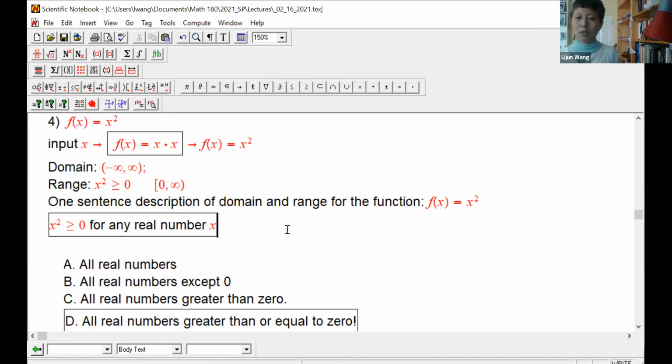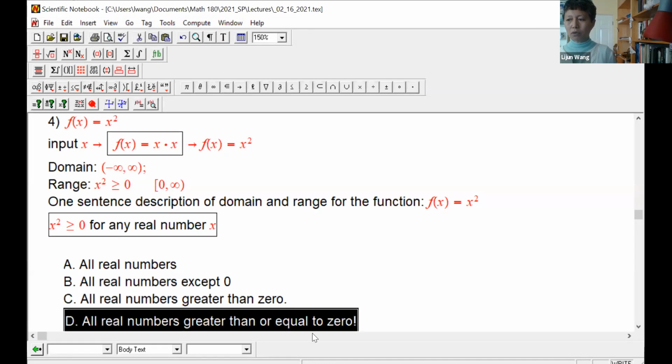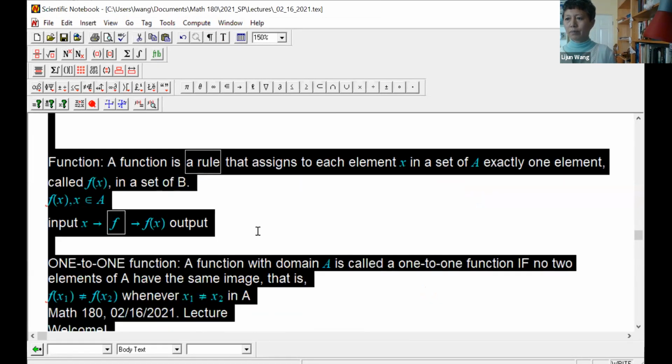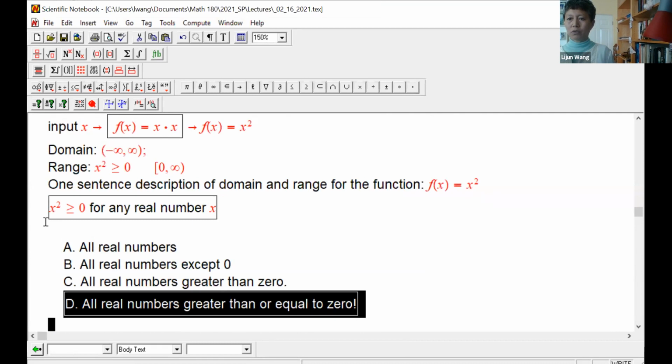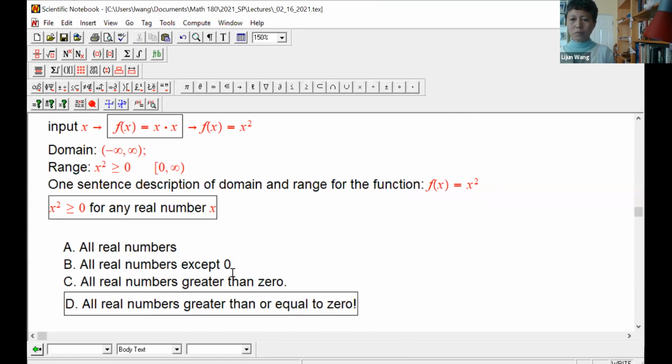Do you agree with me or not? It covers the domain, which is any real number. It covers the range. You should make it in such a way that everybody understands what you're saying, and you need to make sure that statement has no loopholes.